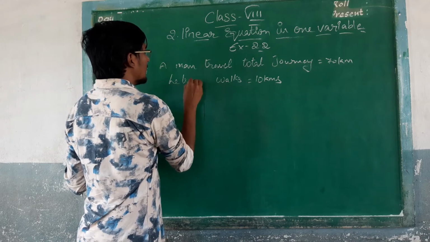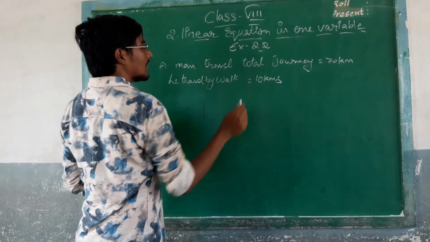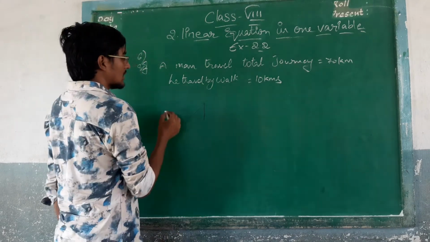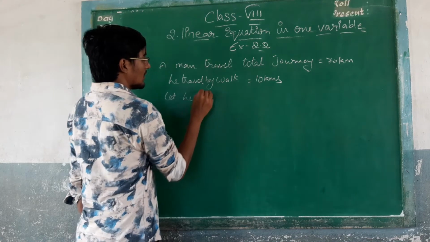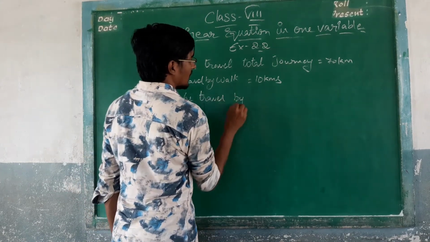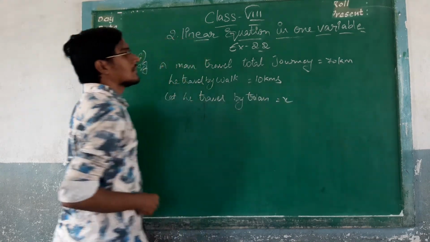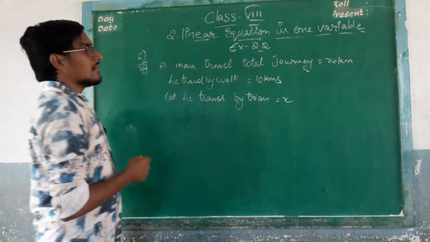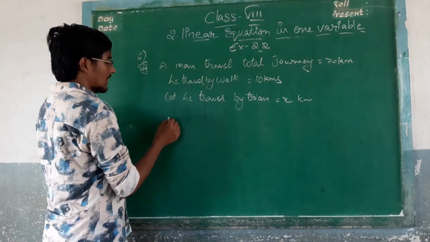So he travels by walk equal to 10 kilometers, and let him travel by train equal to x kilometers.